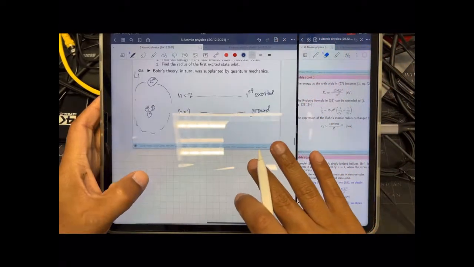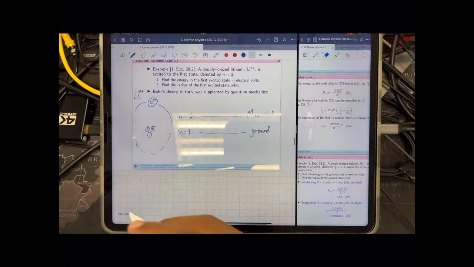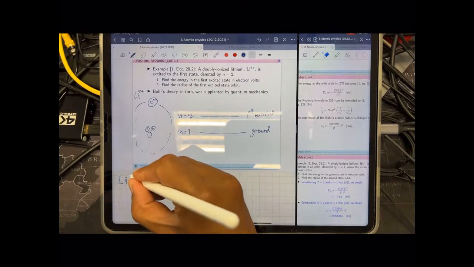What we have to keep in mind in this scenario is that we are talking about lithium 2+.